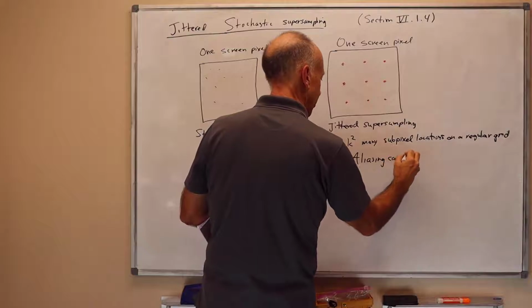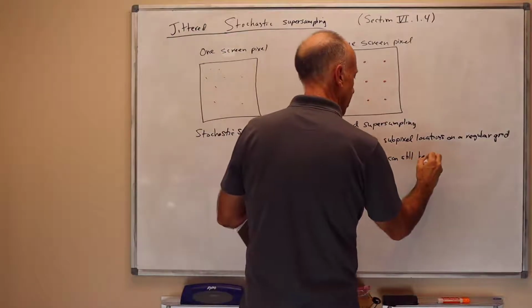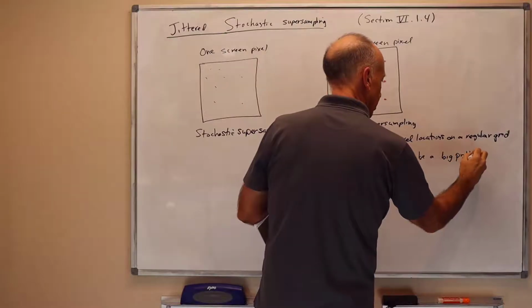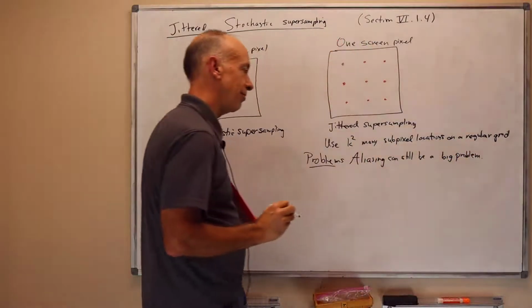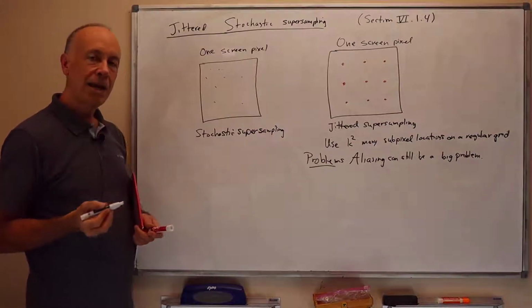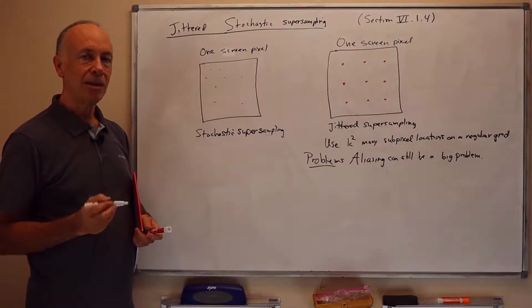Aliasing can still be a big problem. And what I mean is a problem over just not doing any supersampling, just using one subpixel location. It won't be nearly as bad usually as picking a single subpixel location.